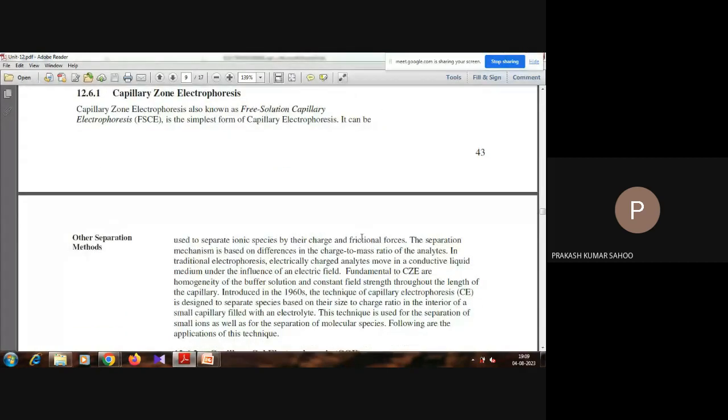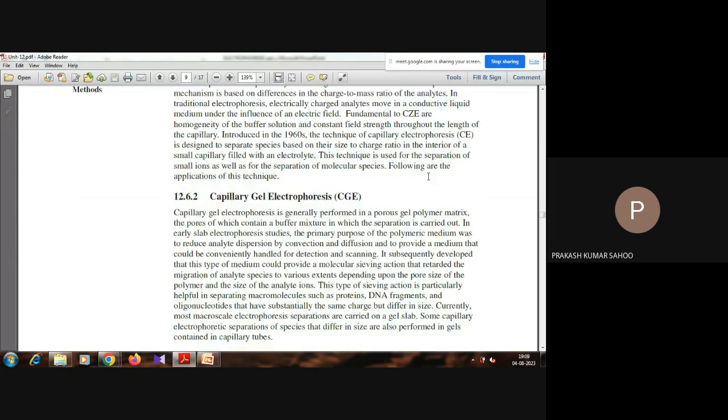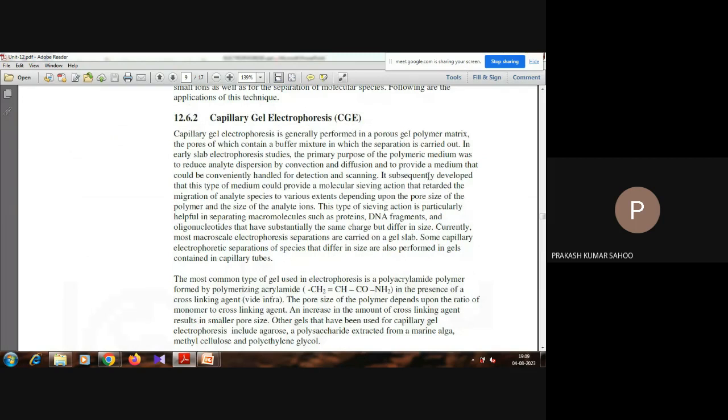Then capillary zone electrophoresis, also known as free solution capillary electrophoresis, and it is the simplest form of capillary electrophoresis. It is used to separate ion species by their charge and frictional forces. The separation mechanism is based on difference in charge to mass ratio. Then we have capillary gel electrophoresis.